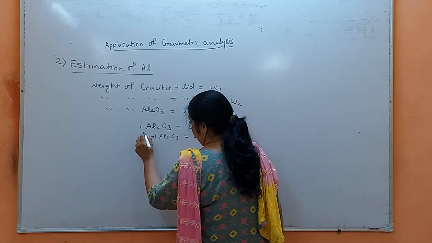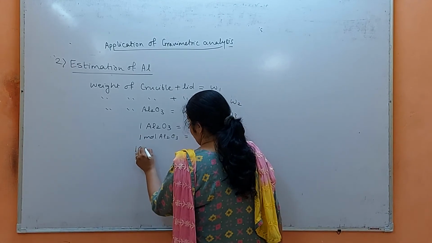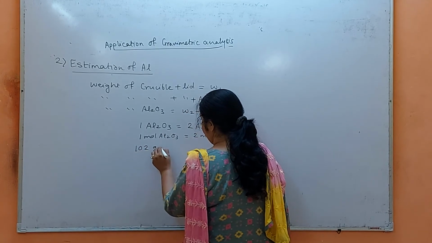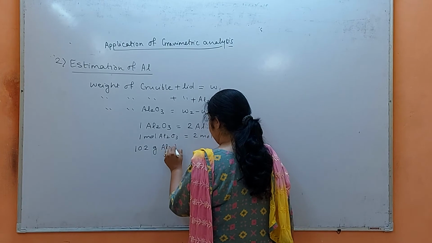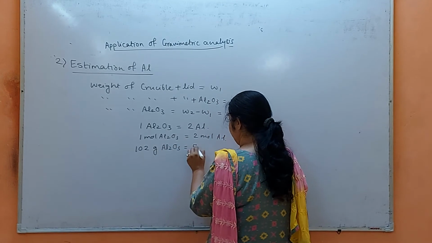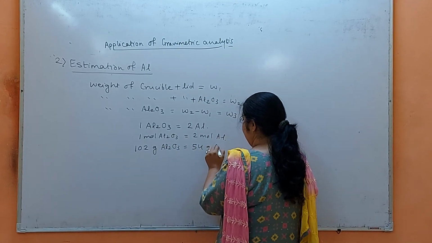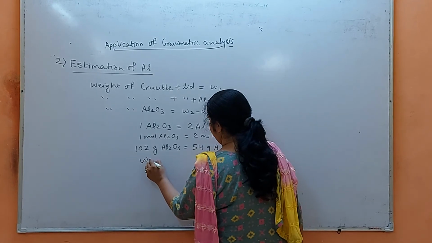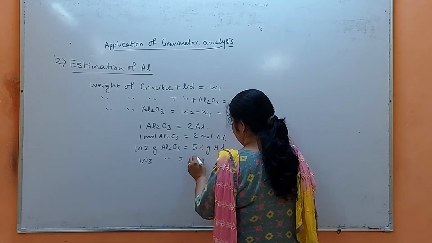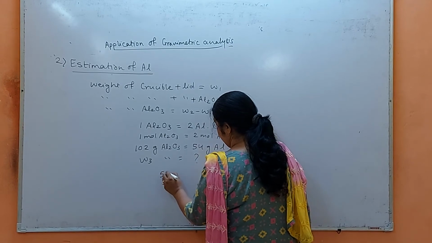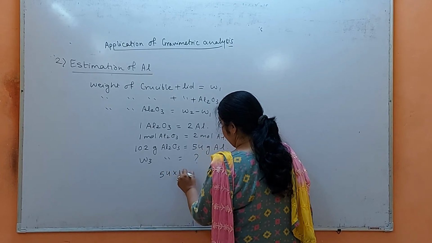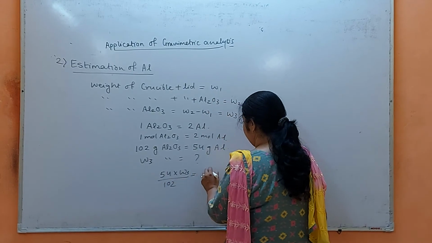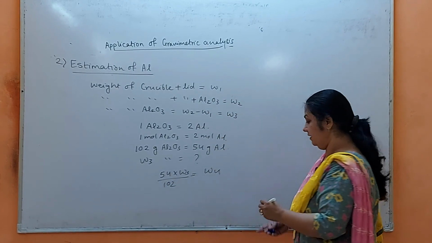So 102 gram Al2O3 is equal to 54 gram Al. So W3 grams of Al2O3 is equal to how many grams? So 54 into W3 divided by 102 will give us W4, which is the grams of aluminium.